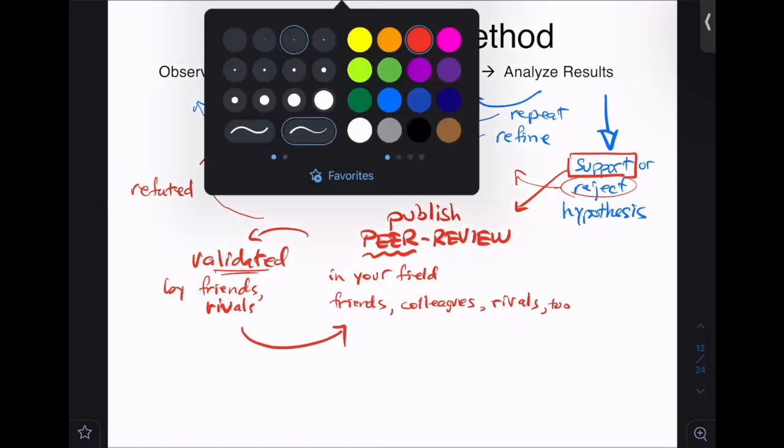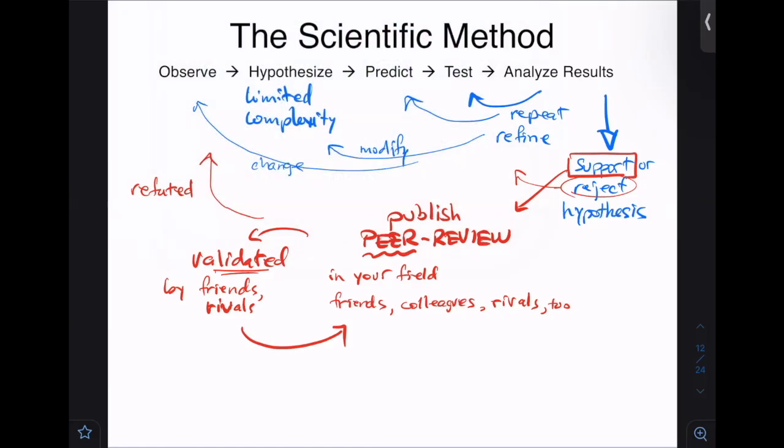So it really is a complicated process. And as it gets more and more validation, it gets improved. So validation and improvement. And this cycle keeps on going.